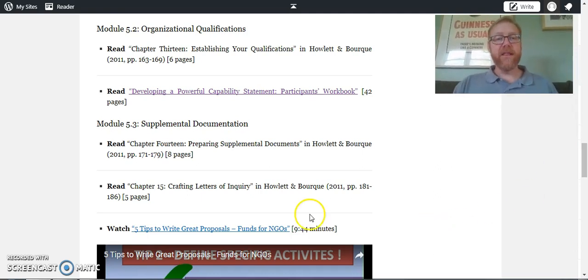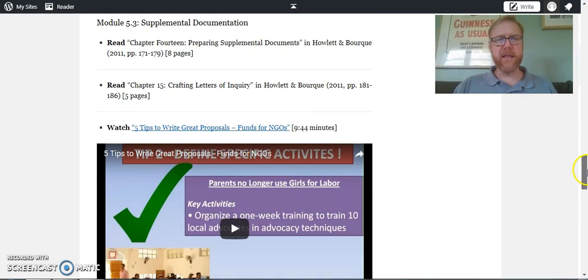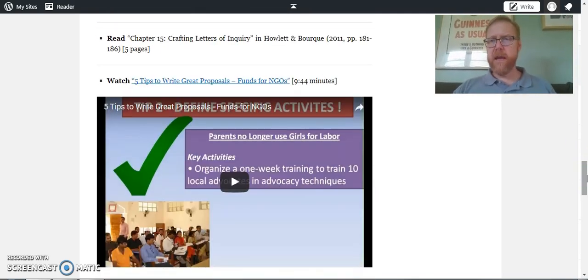And then with a letter of inquiry, again, something I think I may have mentioned before, but let me mention it again. Many organizations will not necessarily put out an RFP or a request for proposals or something like that, but will accept unsolicited proposals. But with that unsolicited proposal, you usually have to first get them to ask you to send a proposal.